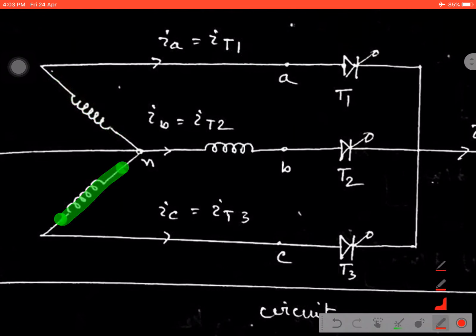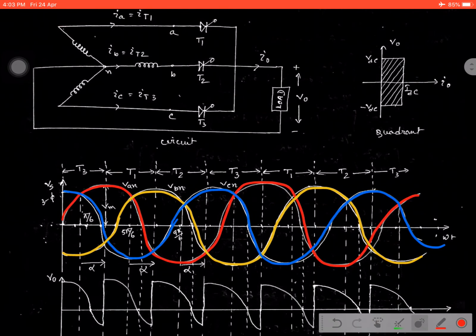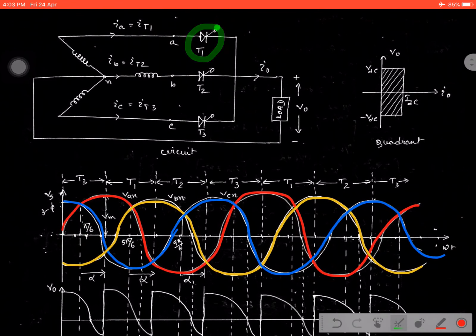Then the polarity of the switch T1 will be positive, and the switch is under forward biasing condition. So we can say T1 should be fired after pi by 6, not from 0 to pi by 6, because from 0 to pi by 6, in all the cases T1 will be in reverse biasing condition. That is why we should apply the firing angle after pi by 6.